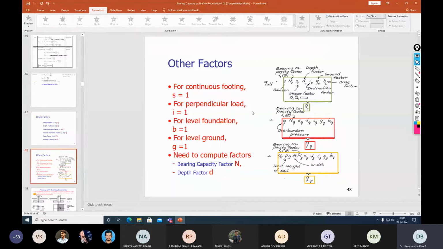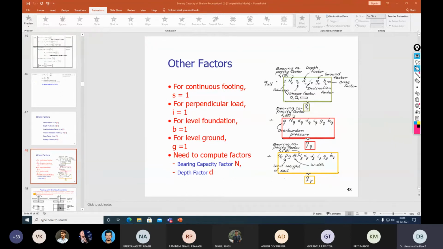Having said that, with almost six varieties of factors, if you try to write the ultimate bearing capacity equation, it looks something like this. Q ultimate is nothing but c Nc Sc Dc Ic Gc Bc.